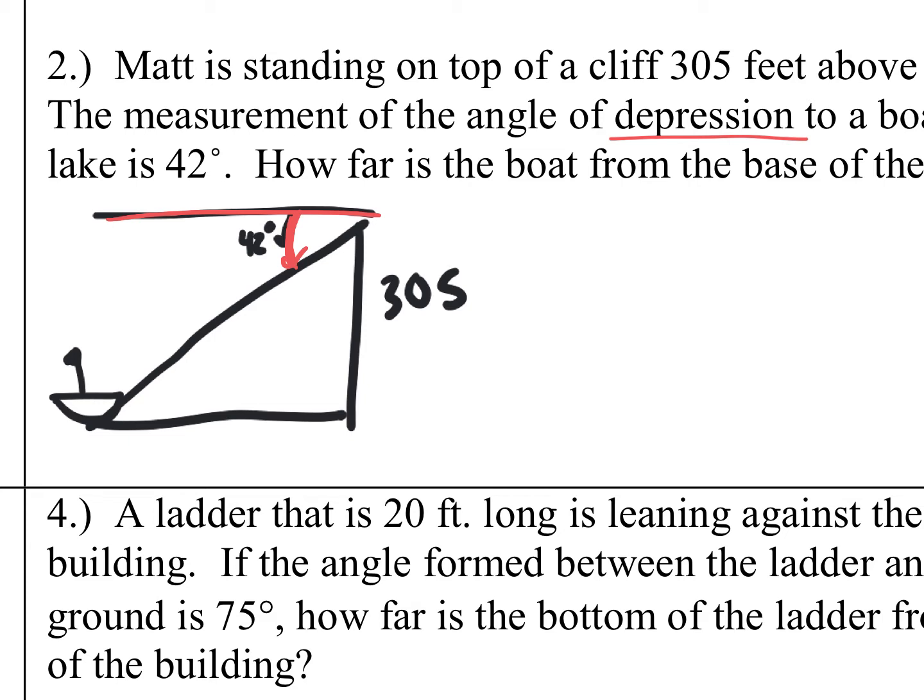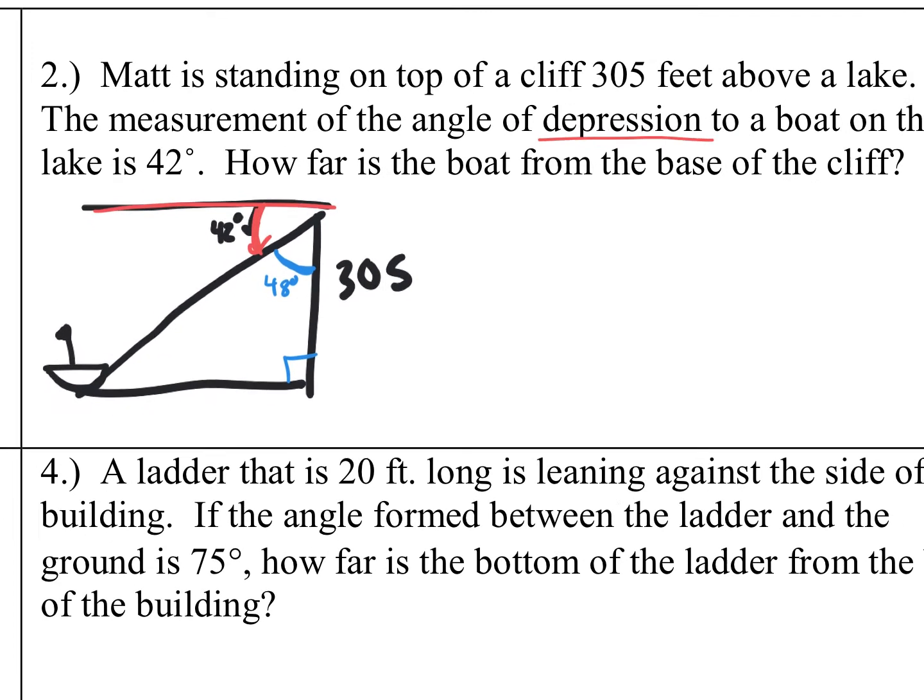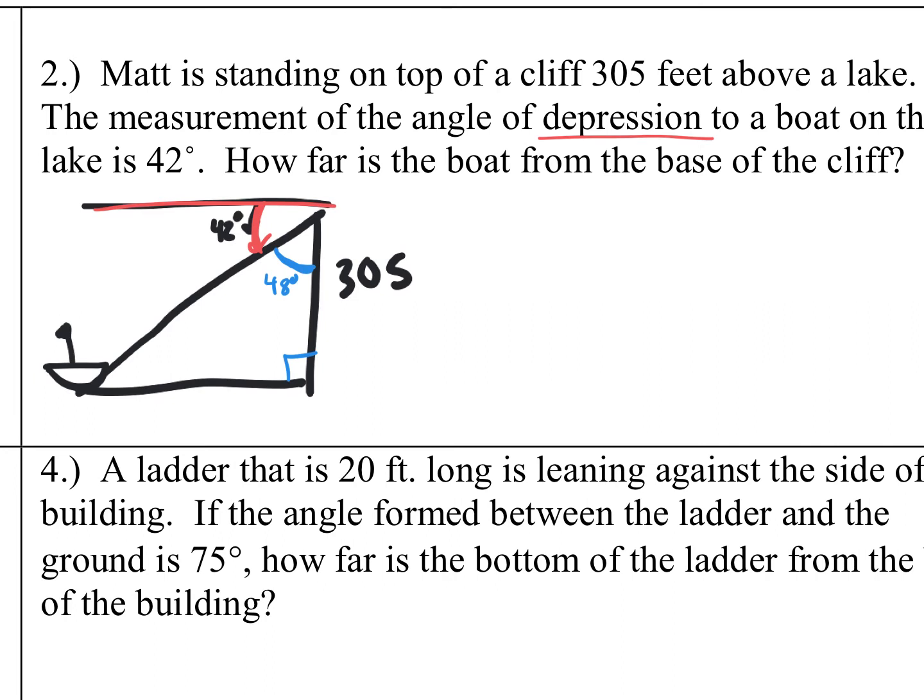So if outside we have 42 degrees, what would this angle inside of our triangle be? 48. Awesome, because it's going to add up to 90. Now we are trying to find how far the boat is from the base of the cliff. So that would be x down at the bottom.